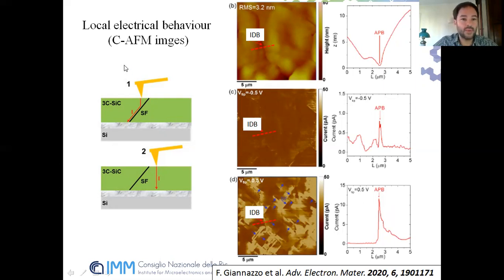Then with conductive AFM they applied a voltage between the tip of the AFM and the silicon substrate, and measured the current flow. They understood that when we have an inverted domain boundary, we have basically a short circuit between the tip of the AFM and the silicon bulk. Instead, when we have a stacking fault, it is able to drive current only when the tip is in forward polarization, for a positive voltage.